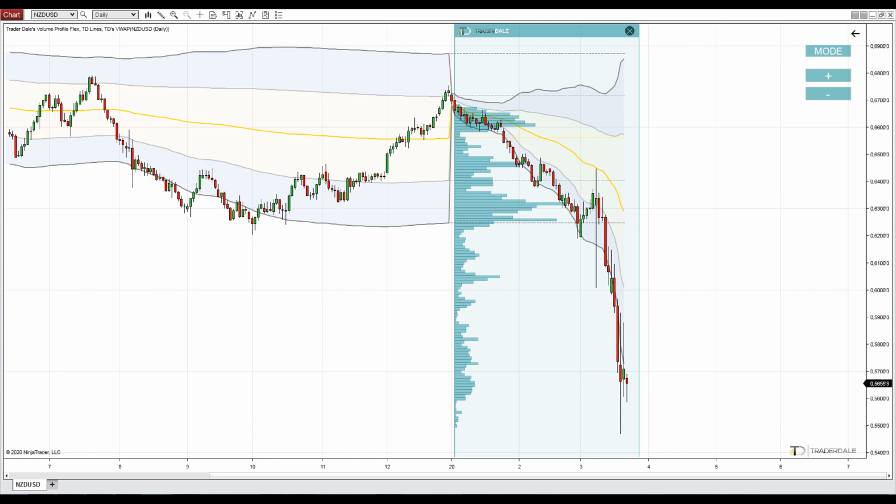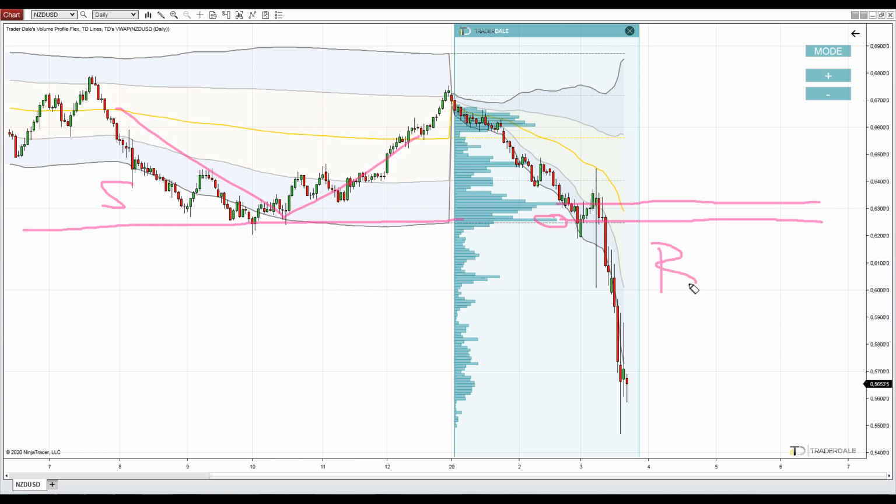Now there are two possible levels. First one from those volumes, another one from those volumes. What I like about the first one is that this area worked as a support. When the price went past it, it became a resistance.